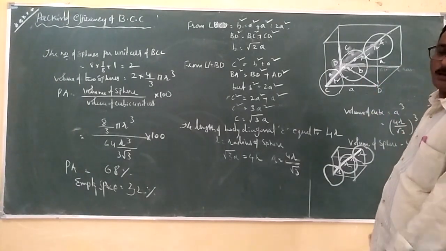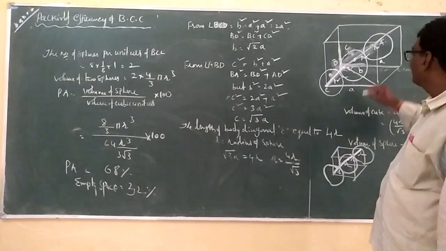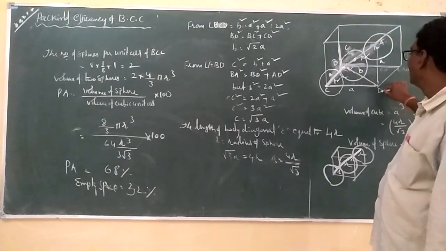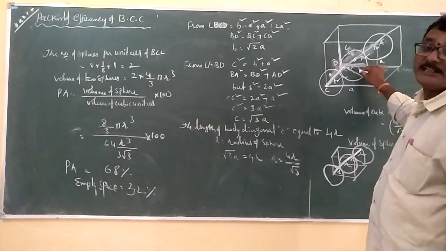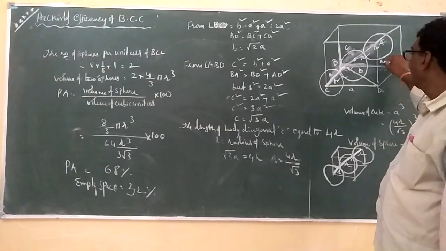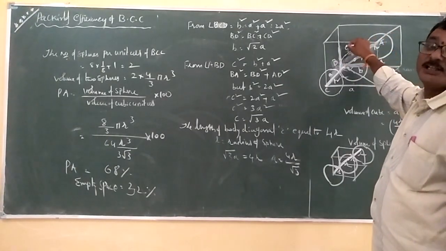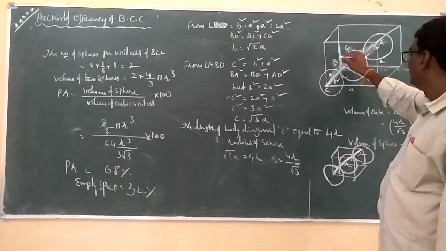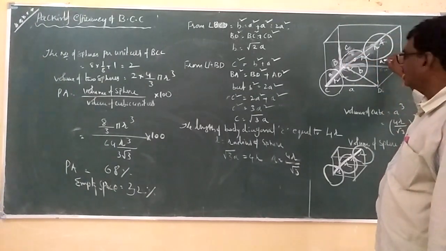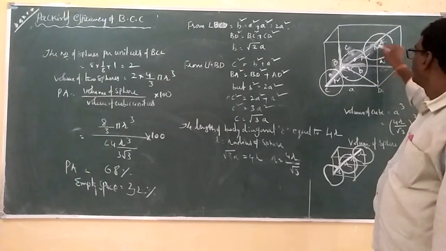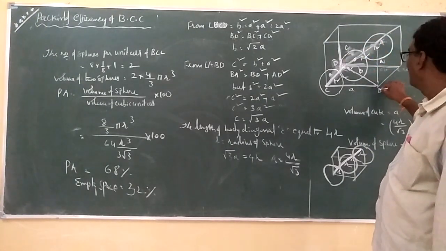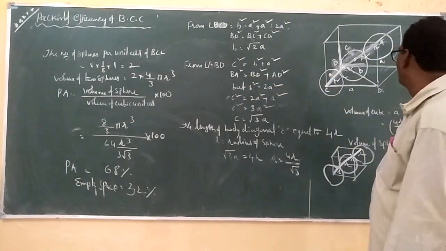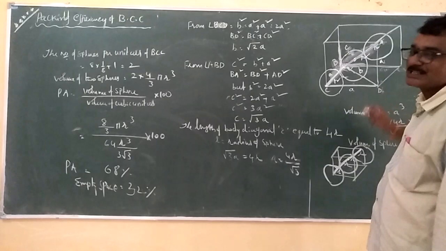Next, from triangle BCD, I take the next one, which is ABD. Here BD is b, DA is a, and BA is c. Now in triangle ABD, BA square is equal to BD square plus AD square.